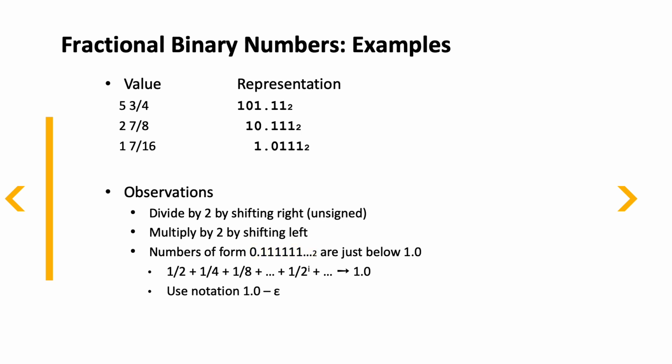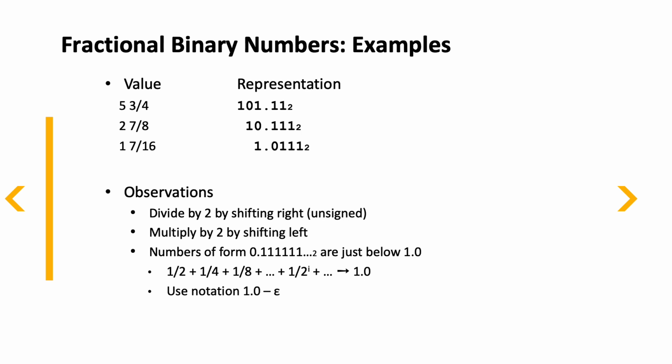So 1/2 plus 1/4 plus 1/8 plus etc., 1 over 2 to the i. We're going to approach 1, but we're never actually going to get there. So 1 is basically our limit. We'll get as close as possible to 1, but we never actually reach it until we roll over and have a 1 to the left of the binary point.